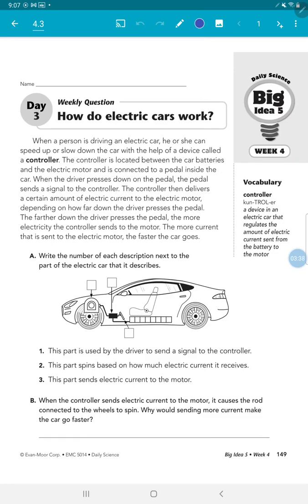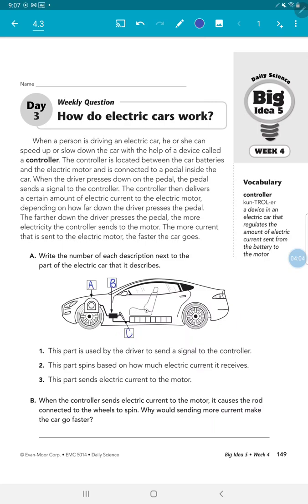So let's take a look at this car. Okay? So there's 3 different parts that it's pointing to. We have A, B, and C. Looking at that diagram, which one do you think is the controller? C. Which one is it, Owen? C. Or what? B. Okay.